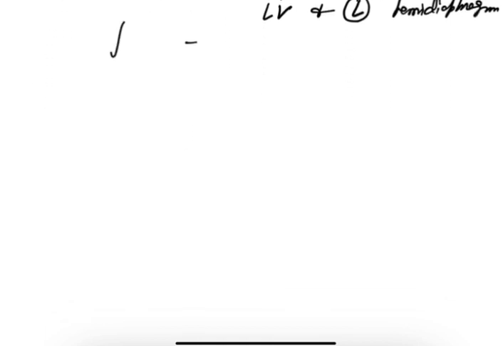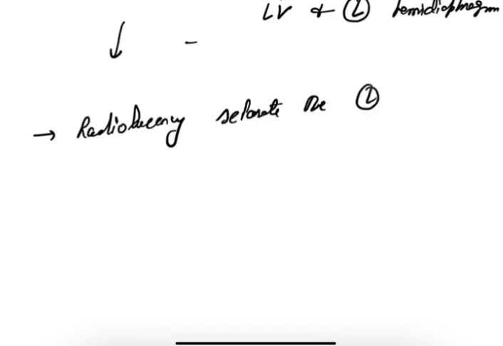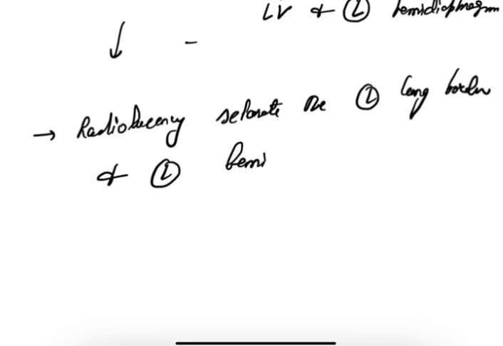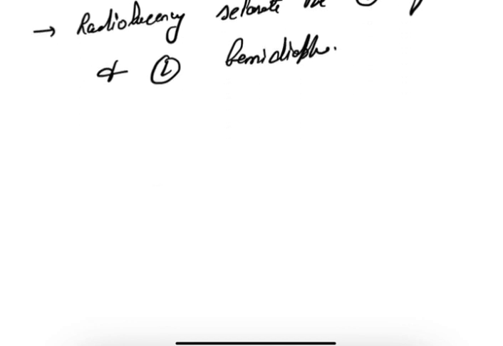In Snoopy sign, radiolucency separates the left lung border and left hemidiaphragm. So we will try to understand it with the help of an image.